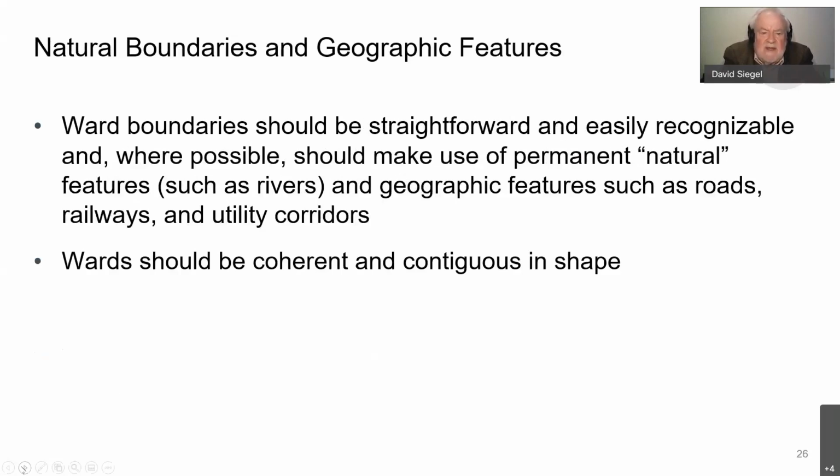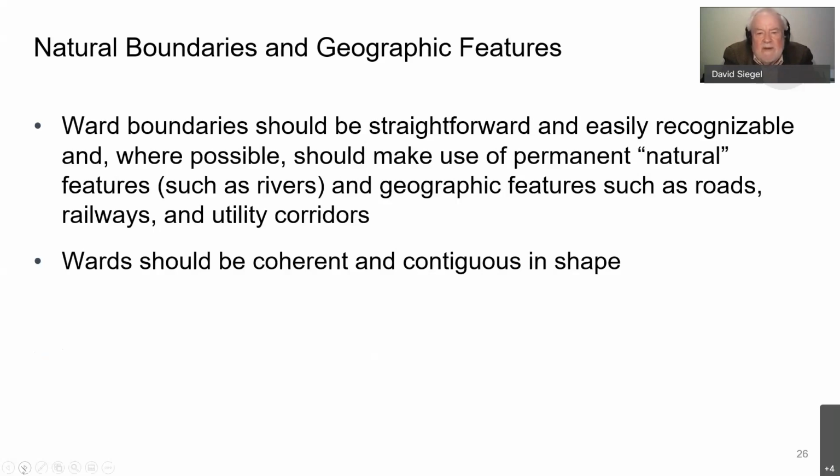These are the kinds of things that you look at in producing ward boundaries because, for one thing, it's unlikely that communities of interest will cross one of these major geographic features. And the other thing is, it makes it easier for people to understand and remember.